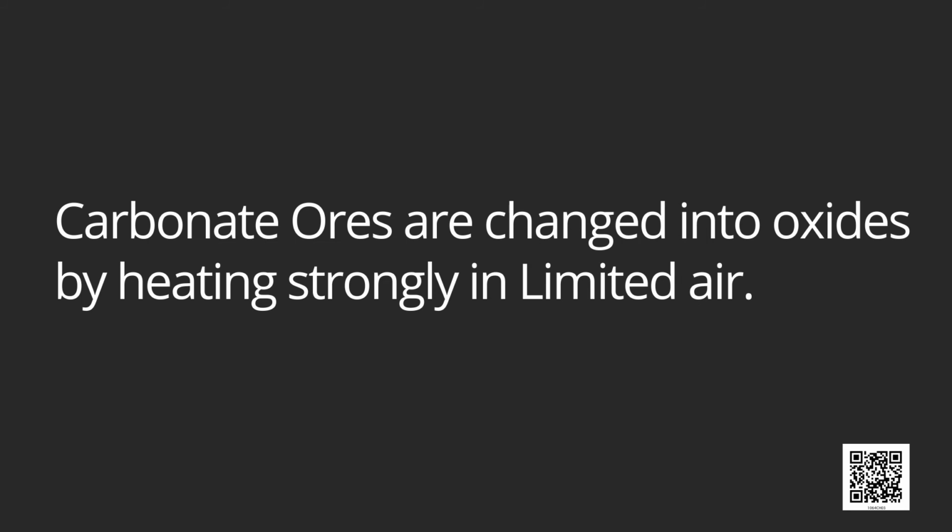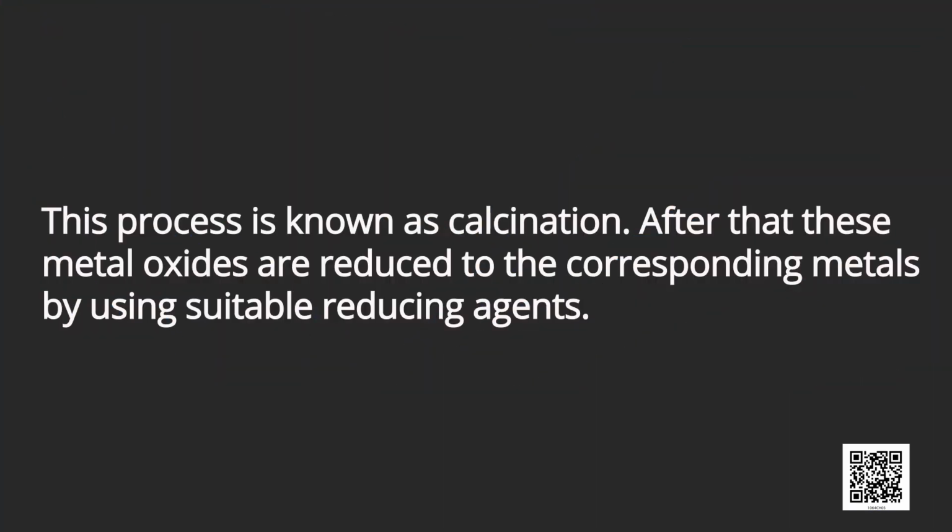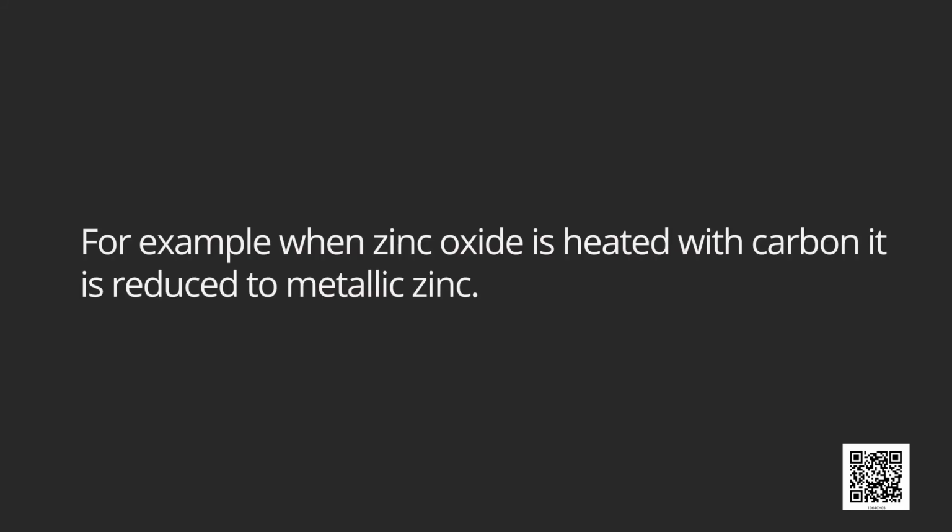First of all, we are going to discuss metals of low reactivity. These metals are present at the bottom of the activity series. For example, mercury and gold. These metals can be obtained by heating their ore.